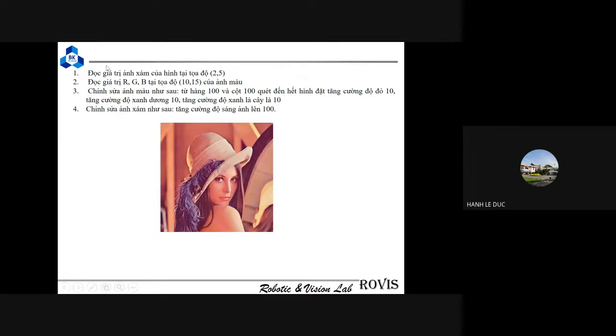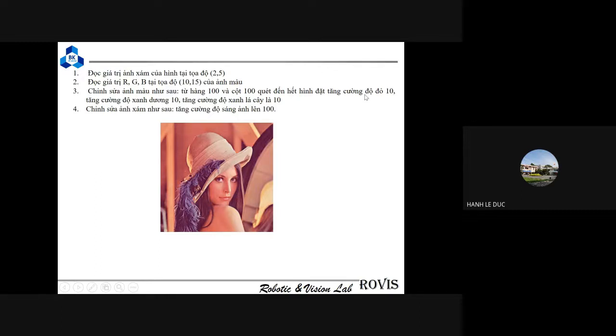Read the value at the coordinate 2 and 5, and read the RGB color value at coordinate 10 and 15, and then change the values from row 100 to the end.